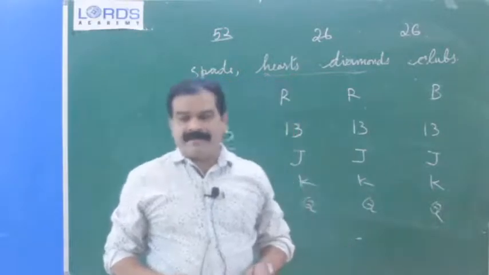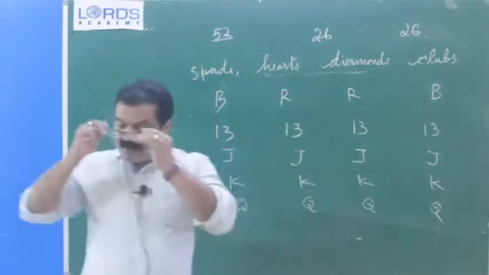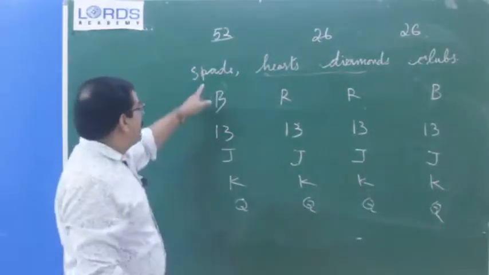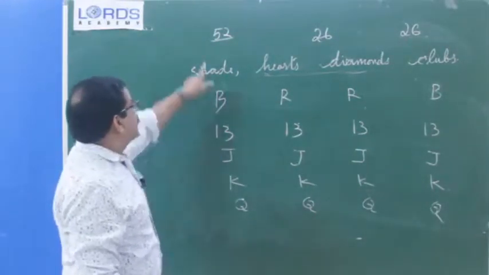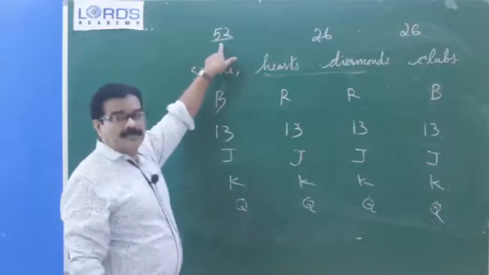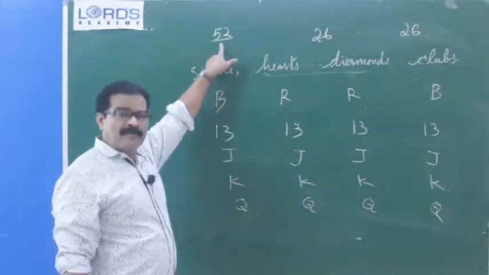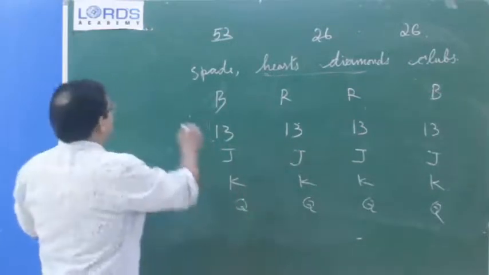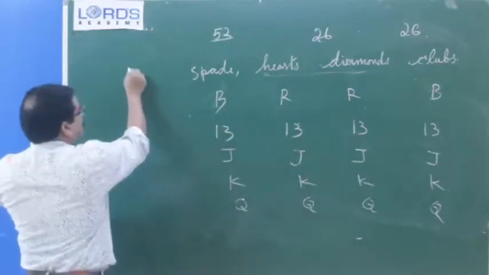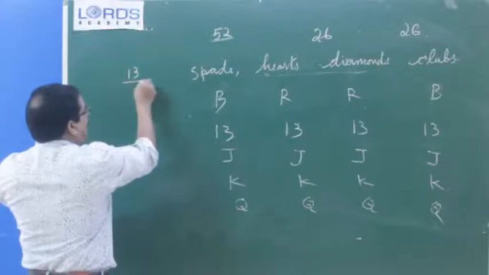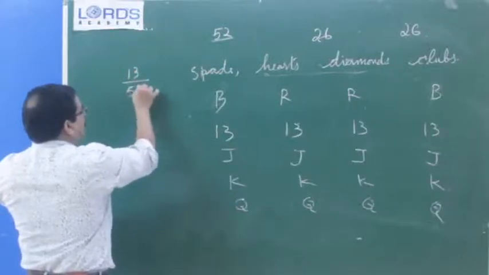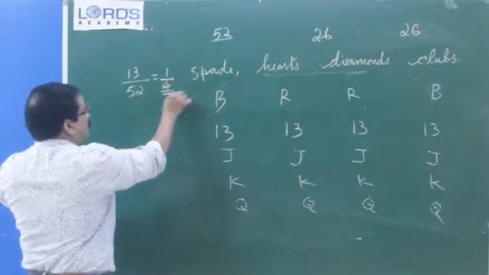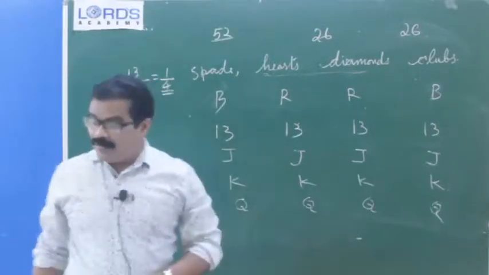Okay, 13. Favorable case is 13. The total possible case is 52. Therefore, the probability of getting a spade is the number of favorable cases, 13, by total possible cases, 52. This is equal to 1 by 4.